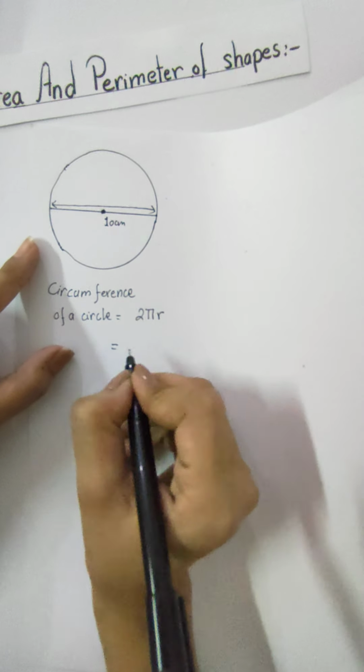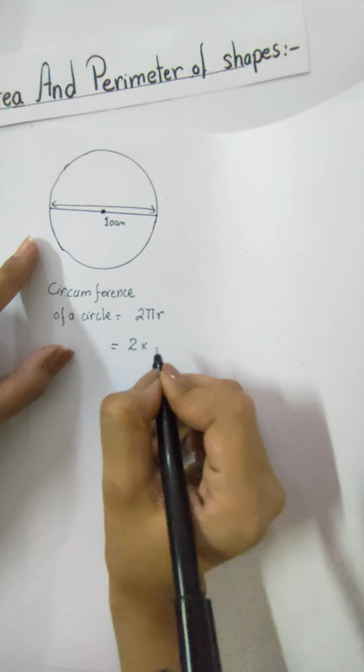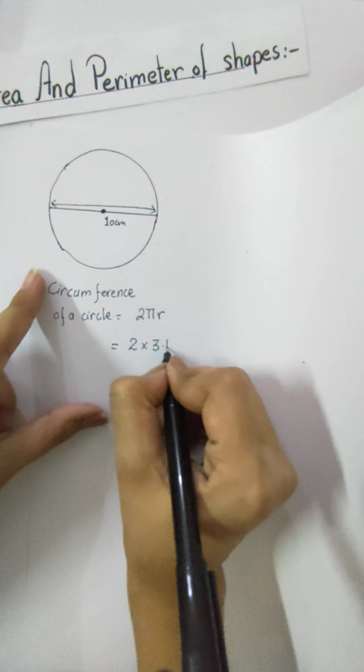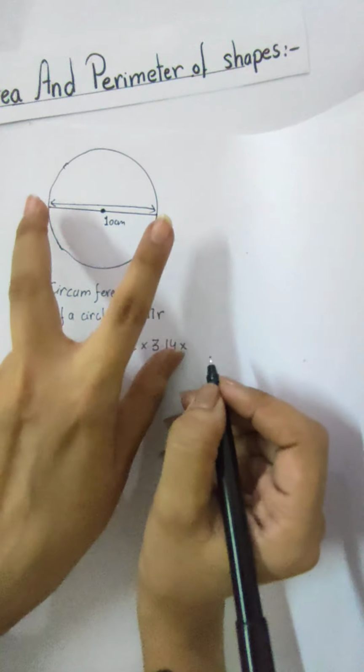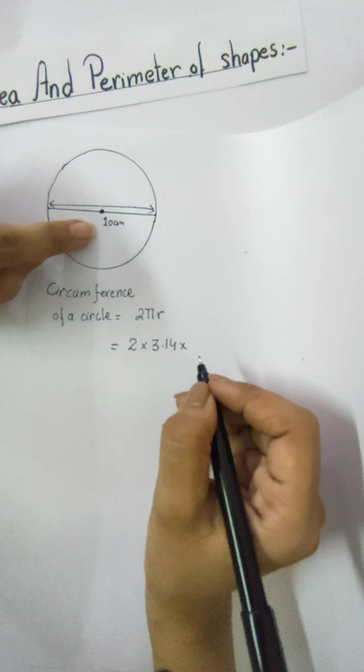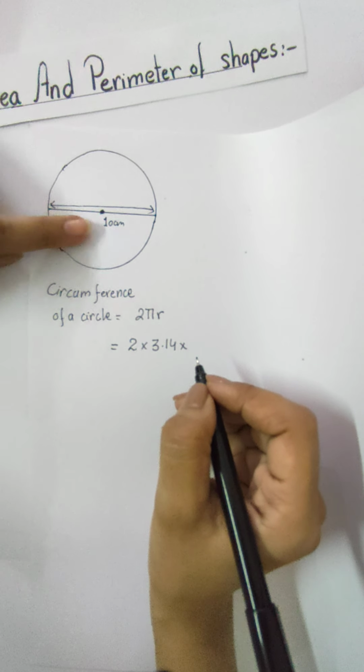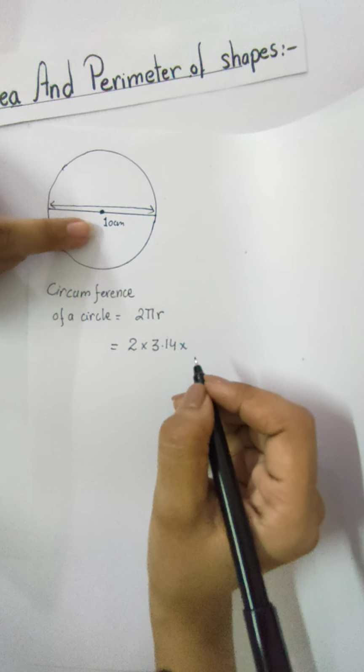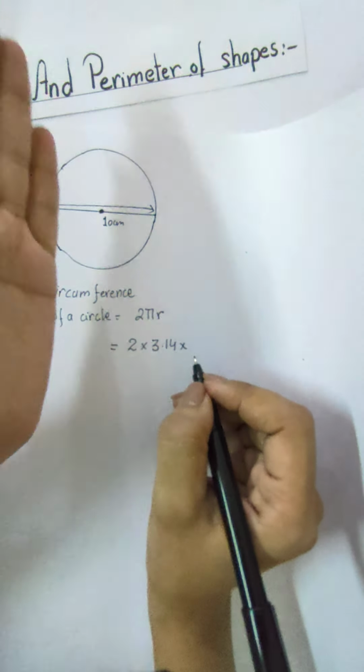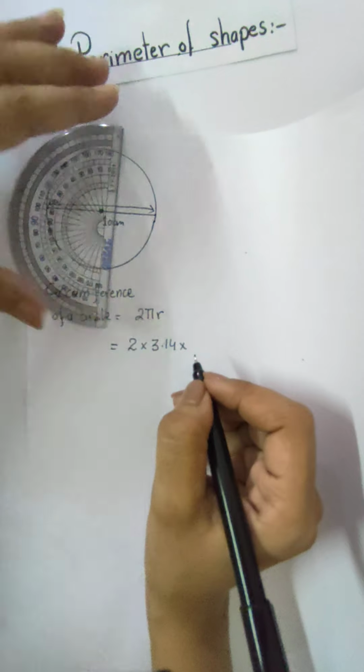Now putting the values, as we know that the value of pi is 3.14, and what is the value of radius? This is the diameter. 10 centimeter is the diameter, and what is the radius? The half of the diameter is called the radius.